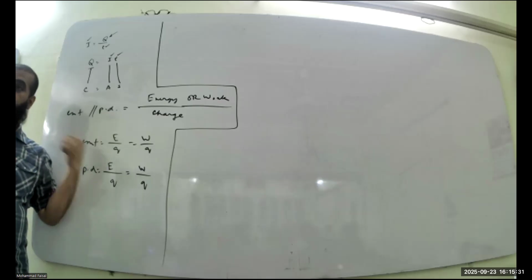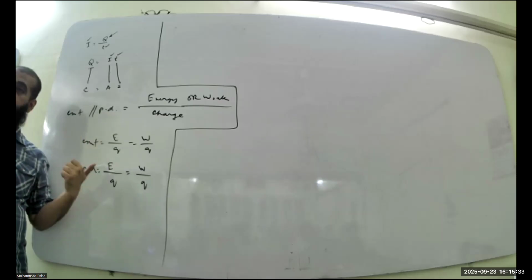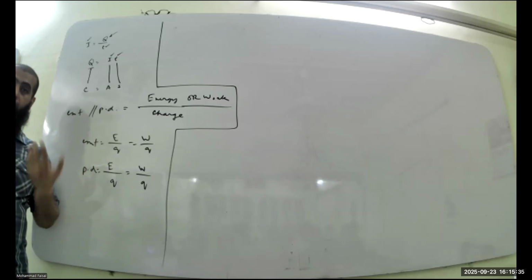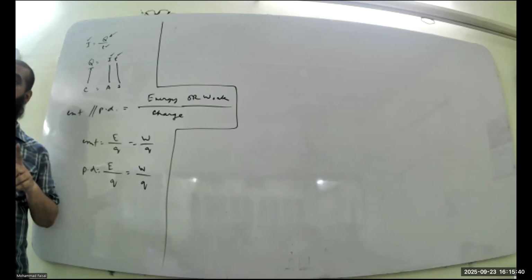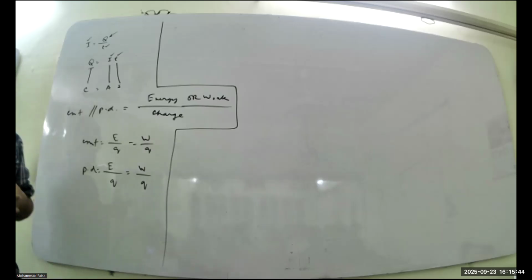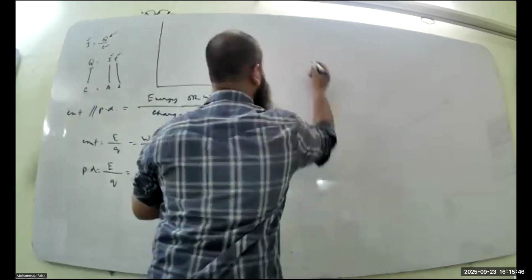So hear me out. I'm going to say it slowly. EMF of a source is the amount of energy converted or amount of work done to move unit positive charge from one end of the source to the other end of the source.